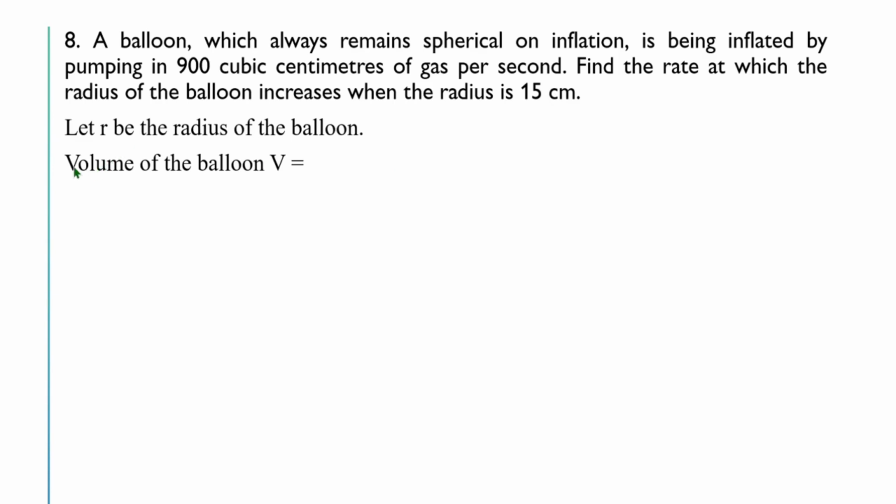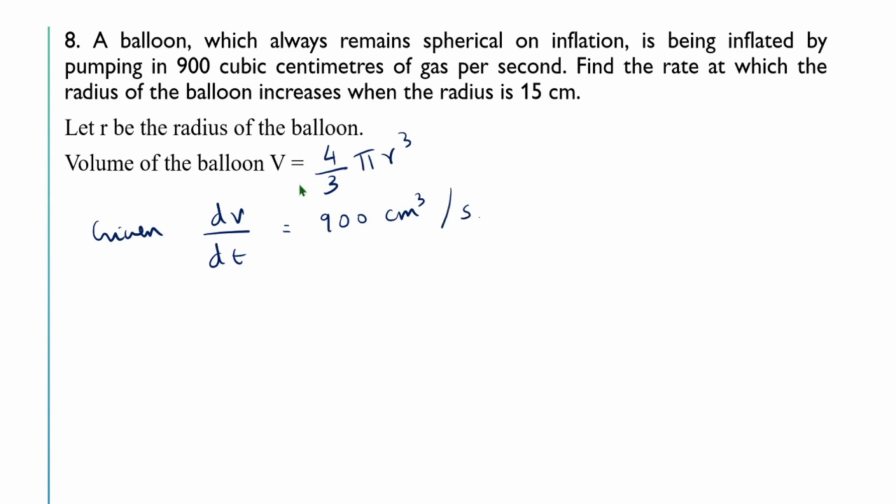So let r be the radius of the balloon. Then the volume of the balloon V is given by, the volume of the sphere is nothing but 4 by 3 pi r cube. So here it is given dV by dt is 900 centimeter cube per second.